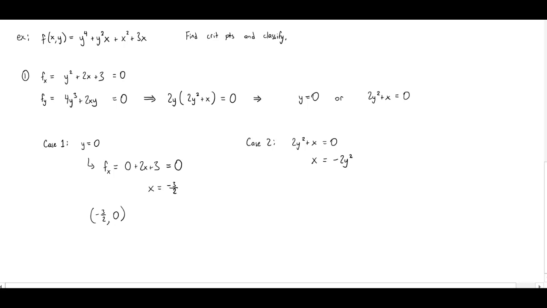So I move 2y squared to the other side, so I solve for x, and now I'm going to sub this into my fx equation. So I'm going to plug it into fx. fx was y squared plus 2x. So then I'm going to sub in for x, negative 2y squared. And then we still have plus 3, and still setting it equal to 0 because I want to find the critical points.